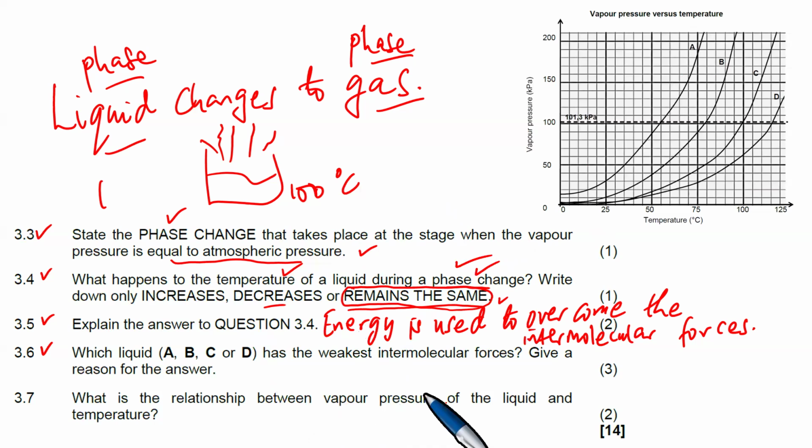Okay, so which one is going to boil? Which one, according to the examiner? You see, the examiner is being tricky. He's saying weakest. How do you see the weakest intermolecular forces? The intermolecular forces are the forces that keep this substance together. And at this point, which one is having the weakest ones? So the weakest forces are going to be seen because of the immediate evaporation, immediate boiling.